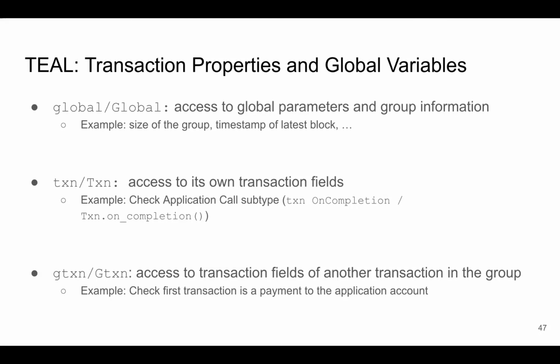Or a donator wants to give money to the project, so they do an atomic group of two transactions, sending algos to the application account and calling the application. To check that the payment was done properly to the application account, you would access the transaction fields of the payment transaction using GTXN.